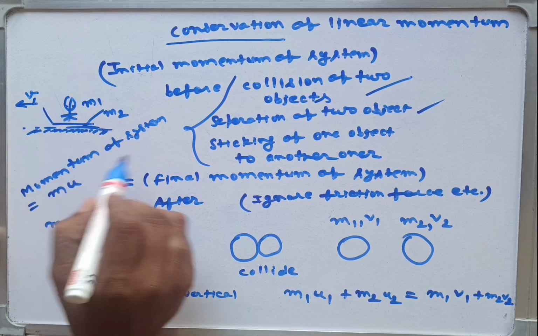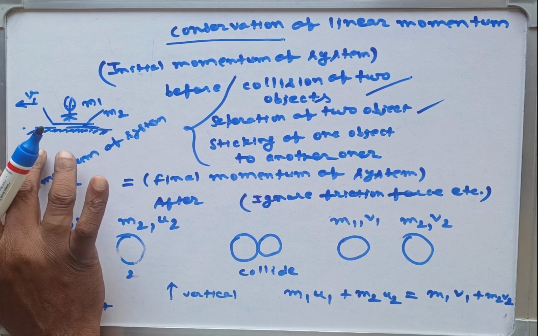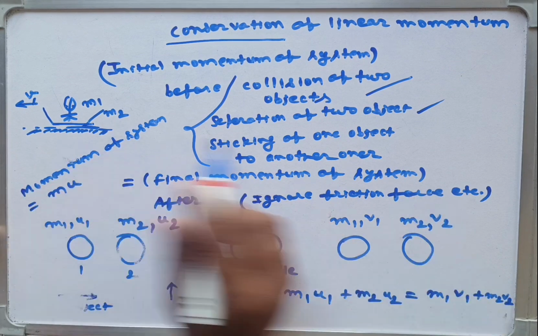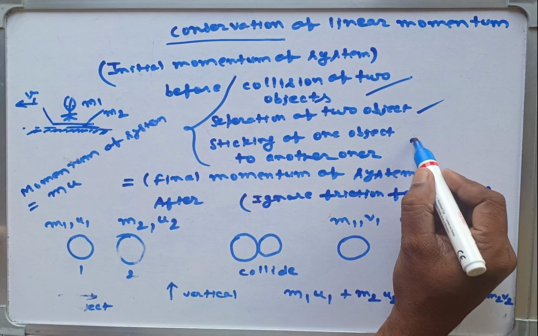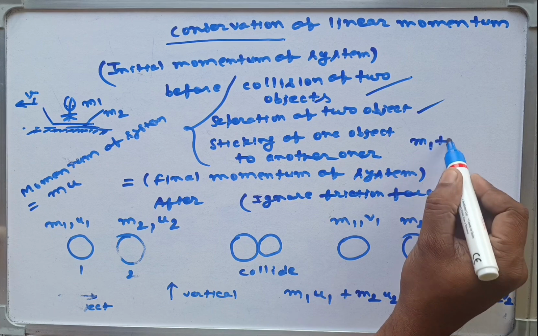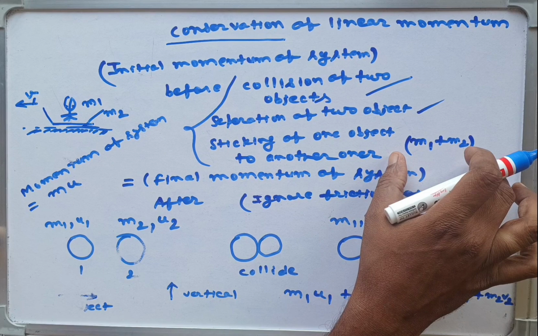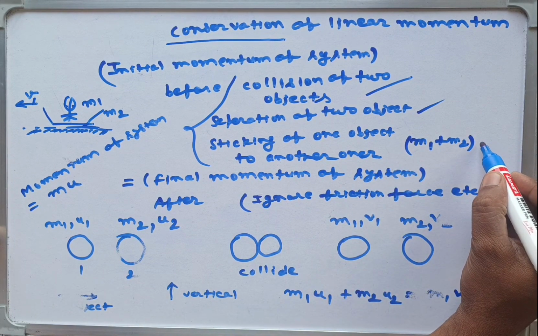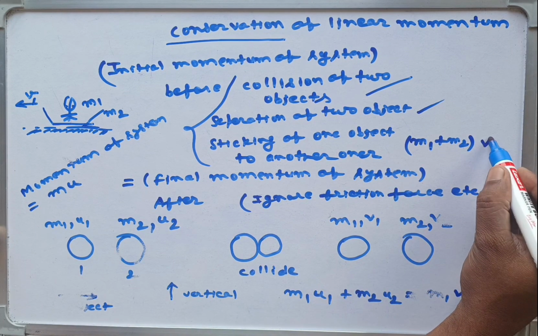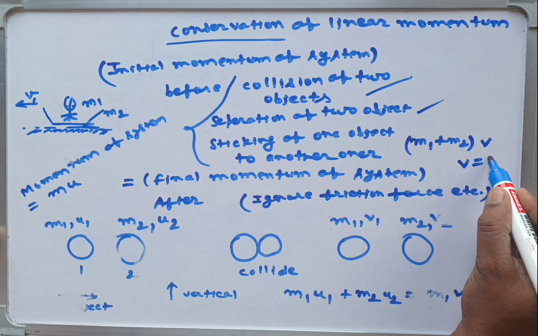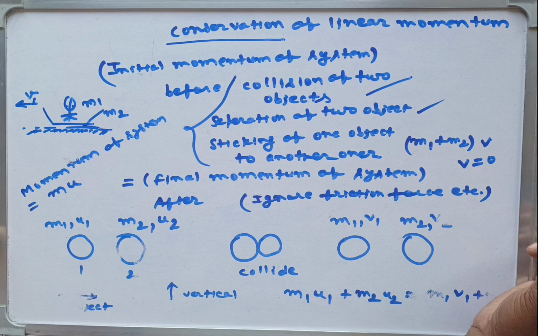So what you see, initially you are in rest condition. So here you write m1 plus m2 is the total mass of the system, and the velocity, say v. However, you are in rest condition, then v equals 0.